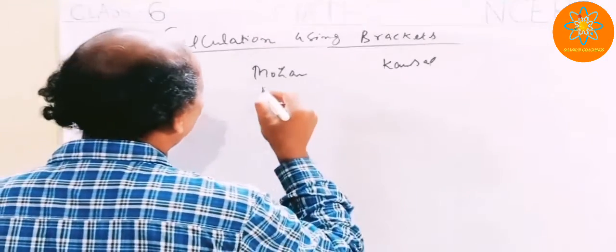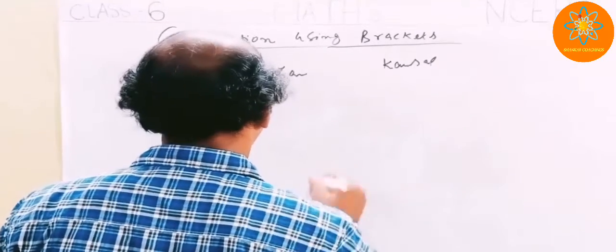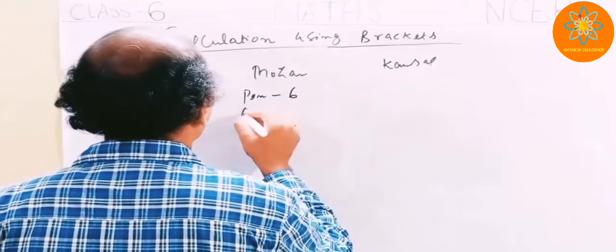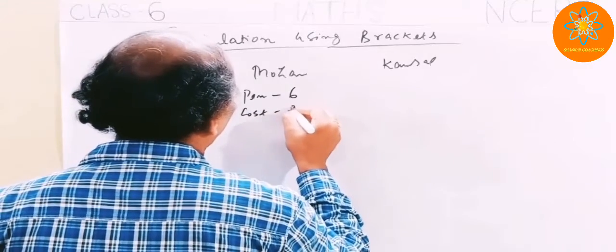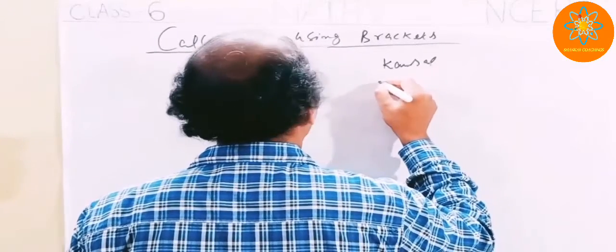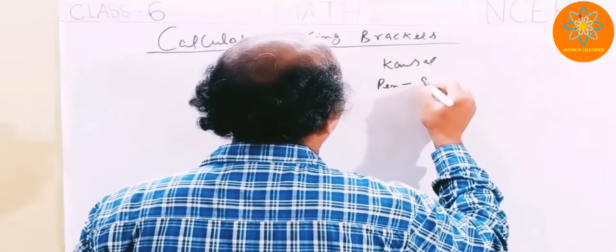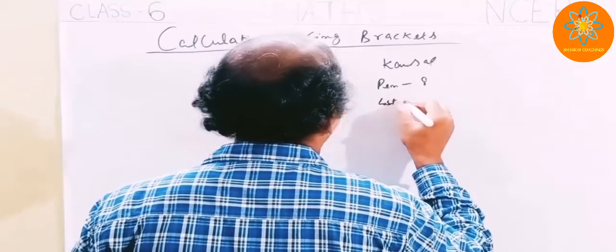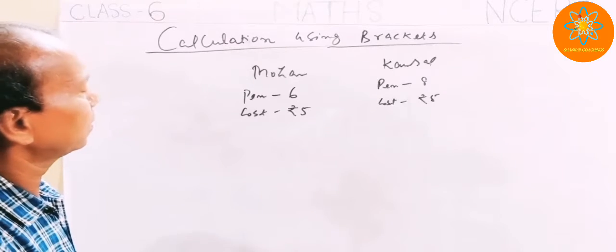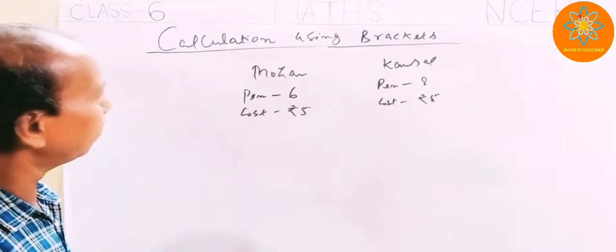Let's suppose they are buying pens. Suppose Mohan buys 6 pens and the cost is, let's suppose, rupees 5. Similarly, Kaushal buys 8 pens, and its cost is also rupees 5. Now we can use this and calculate the total amount with the help of brackets.